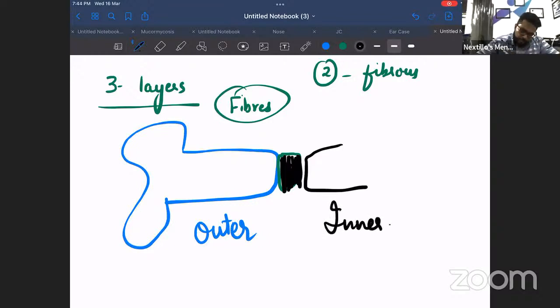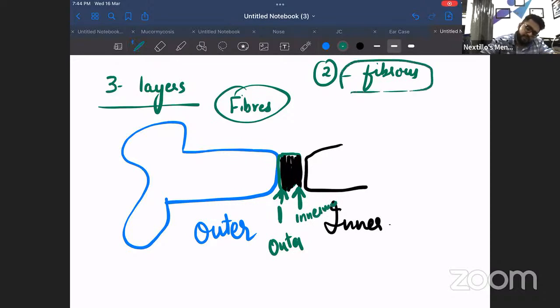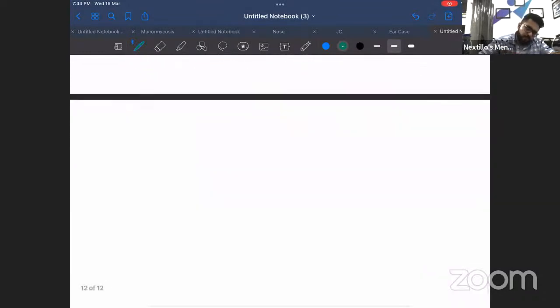Now see, in this middle layer, from outer to inner, the fibers which are here are the outermost fibers, and the fibers which are here are the innermost fibers. So the direction and orientation of the fibers is different from outer to inner. How does it go?